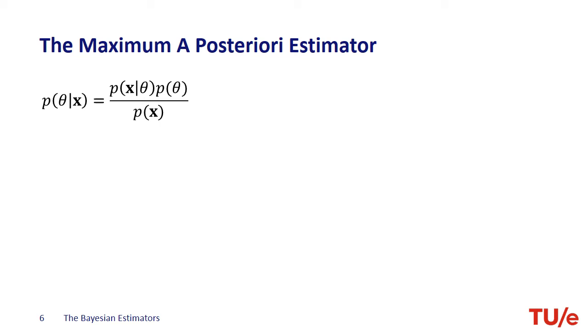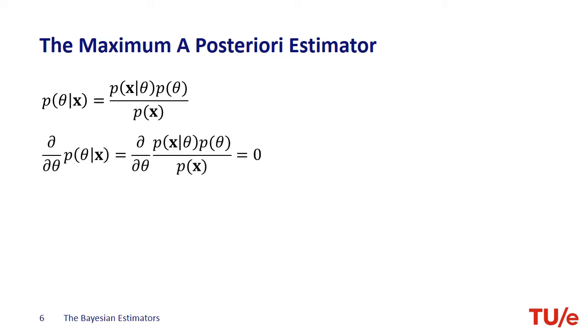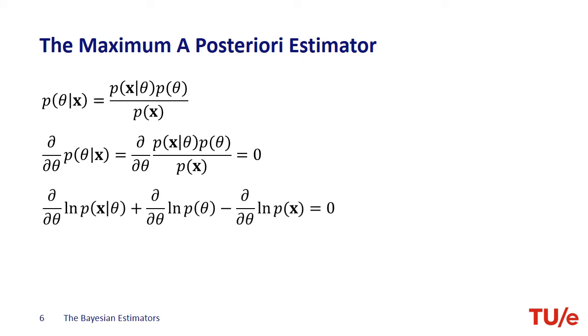How so? Well, we maximize the a posteriori by taking its derivative with respect to the parameter theta and setting it to 0. And, as you should remember, we can search for the parameter maximizing a function after taking the natural logarithm of that function. The denominator, which is the marginal probability density function p x, has no dependence on the parameter theta.